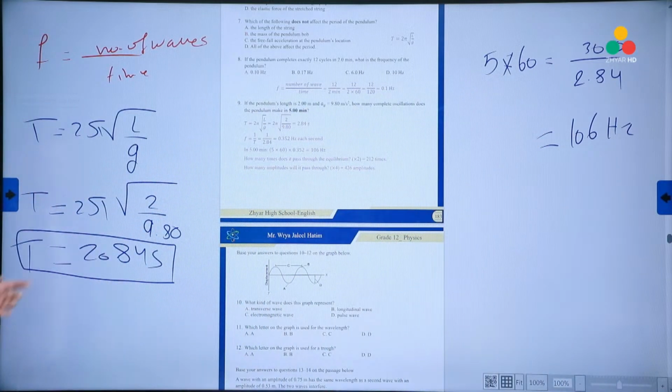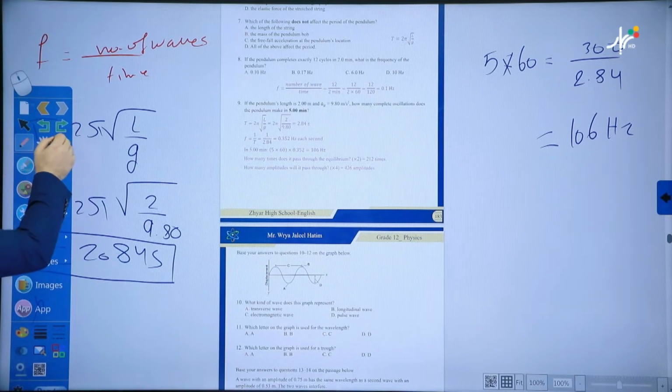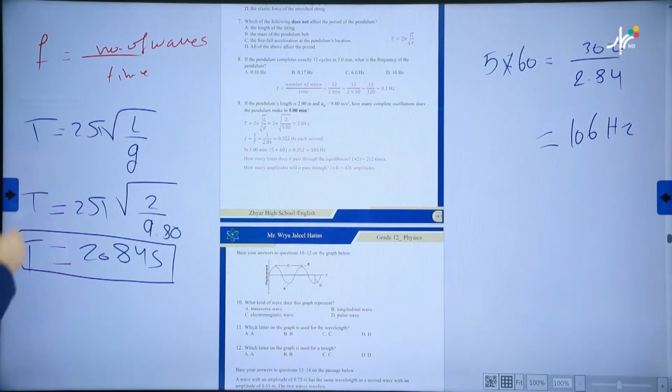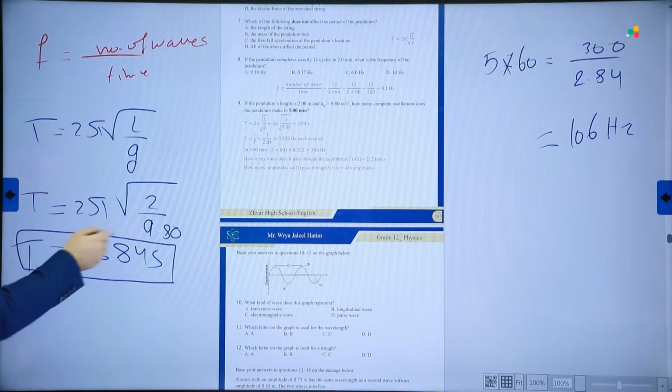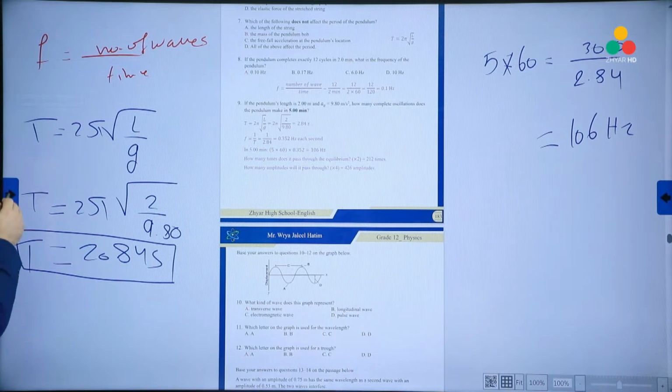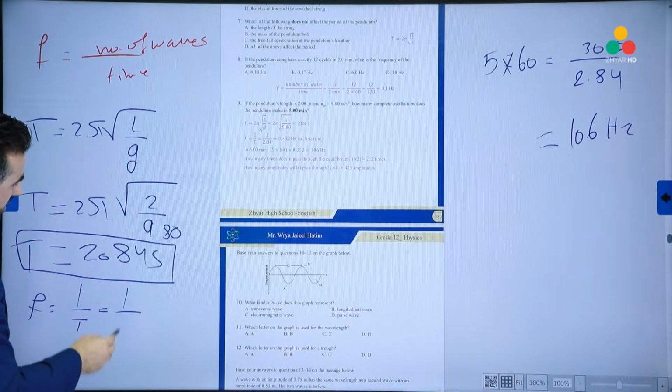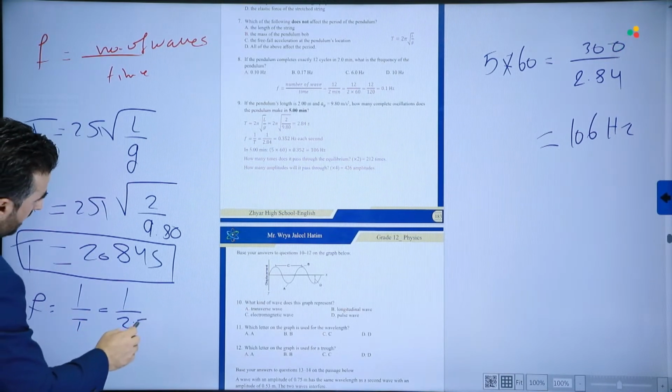We said we have the number of waves in the frequency. So now we can find the frequency. First, let's find the frequency. So frequency equals 1 over the period. What is the period? That is basically 2.84.